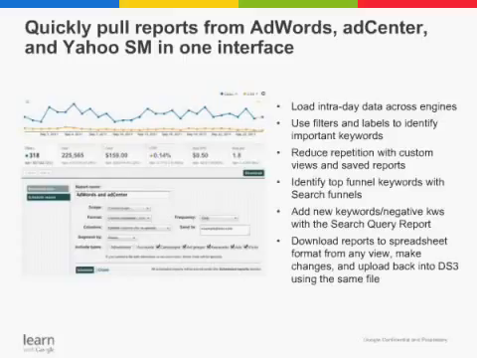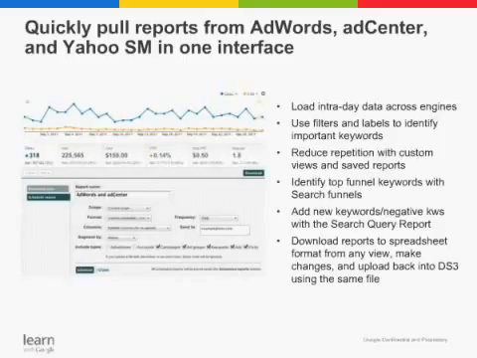With all your data in one place, you can quickly customize and build reports that make sense to your business using features like labels, filters, added columns, saved views, and more advanced reporting tools like our search funnels attribution to determine where particular keywords fall within the search funnel.